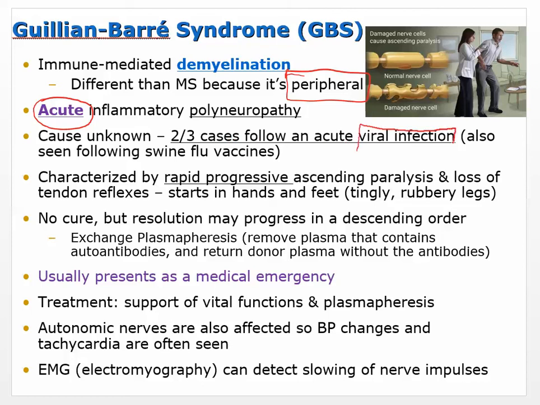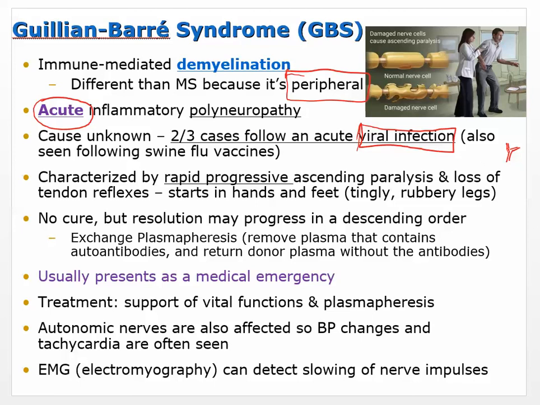So this is where the immune system is fighting off a virus, producing antibodies, and these antibodies somehow start attacking the Schwann cells, which lay down the myelin, and the myelin is being removed.